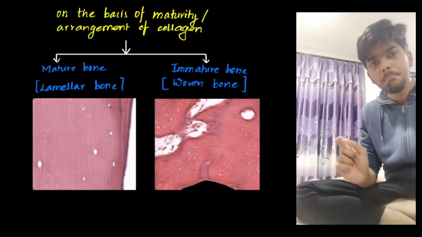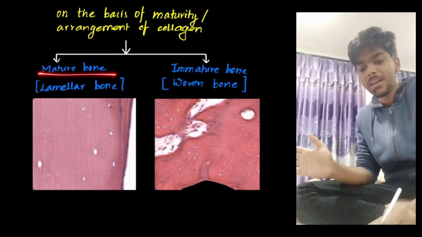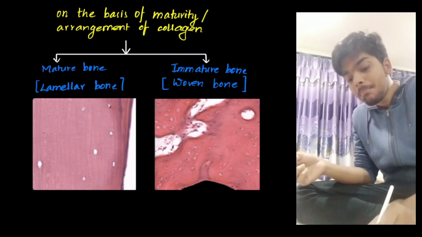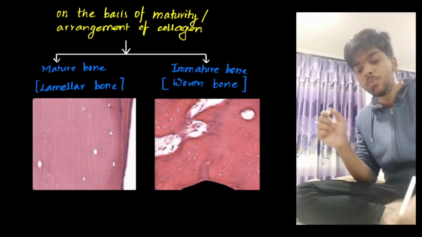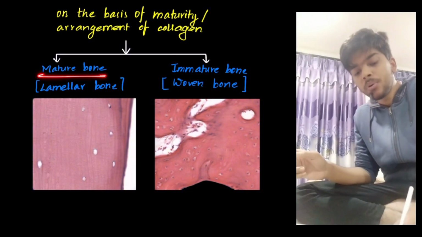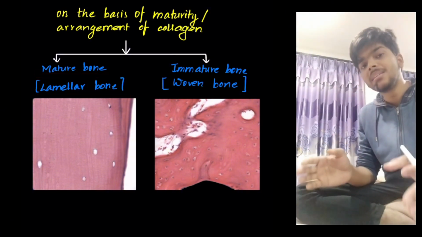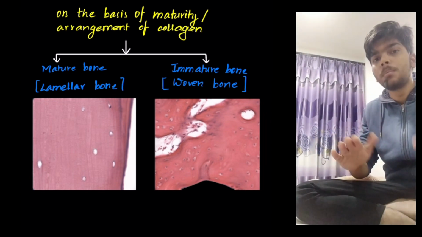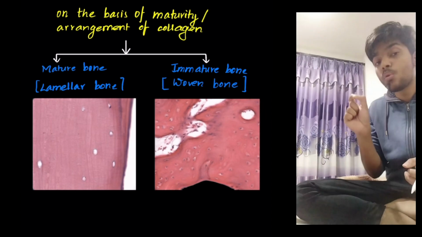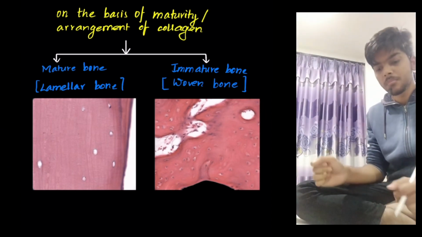So, on the basis of maturity, we have mature bone and immature bone, where in a developing bone, immature bone is formed first, which is then replaced by mature bone. Mature bone is also called lamellar bone because the matrix of the bone is arranged in lamellae or plain sheets, and individual sheets contain collagen fibers that are arranged in a parallel fashion.